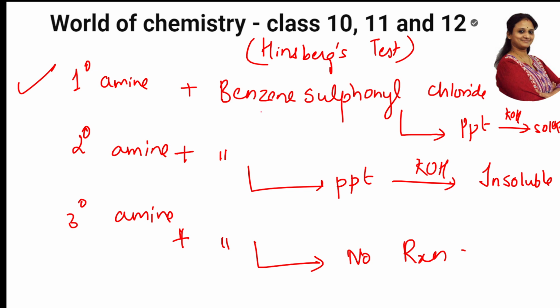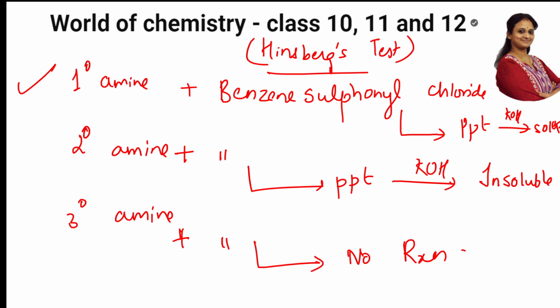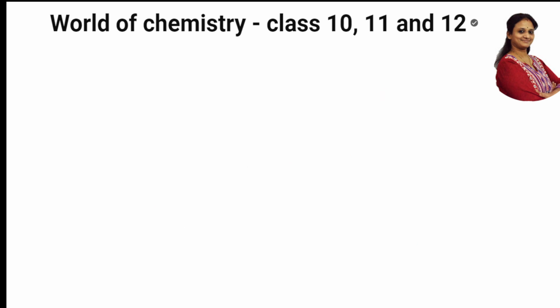Remember, in amines, for primary amines we do the carbylamine test, and for primary, secondary, and tertiary we do the Hinsberg reagent test. Done, everything is covered. Now what is important?